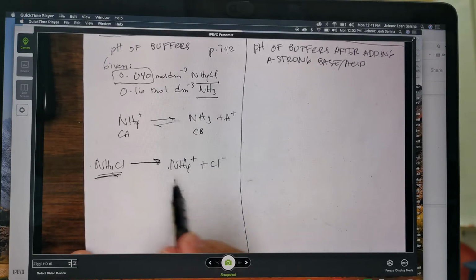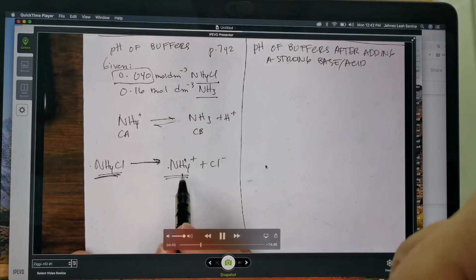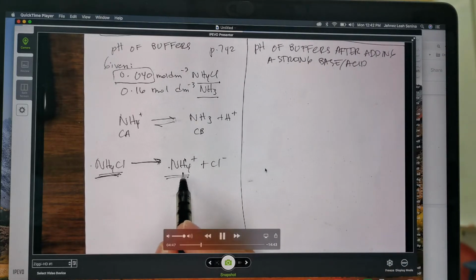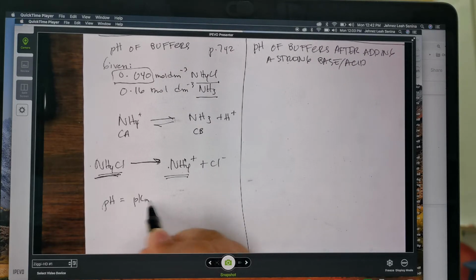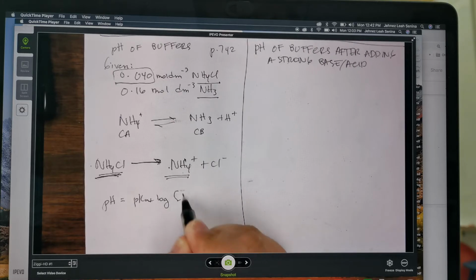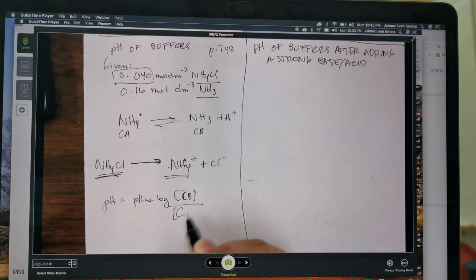Concentration of this is the concentration of ammonium ion, or your conjugate acid. Okay, so let's write our formula. pKa plus log of your conjugate base over your conjugate acid.